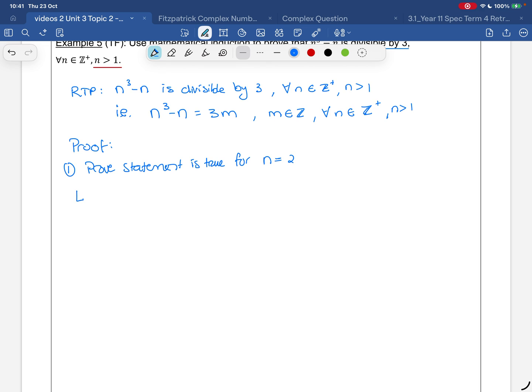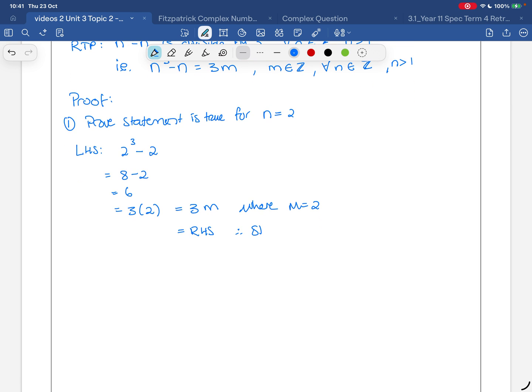So I take my left hand side: 2 cubed minus 2 is 8 minus 2, which is 6, and that's 3 multiplied by 2, and that's fine because that equals 3m, where m is equal to 2, so that's equal to my right hand side. So therefore my statement is true for n equals 2.